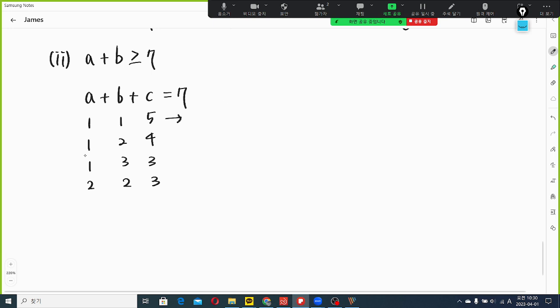And the number of arrangements for each case is, so the number of cases to make 7 is 15, and the total possible cases is 6 cubed. 6 cubed is 216. So the probability for getting 7 from 3 dice is 5 over 72. So that means the probability to make the sum of 7 by rolling 2 dice should be greater than 5 over 72.